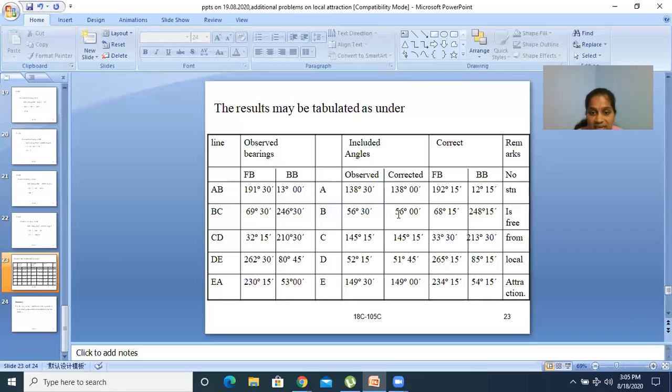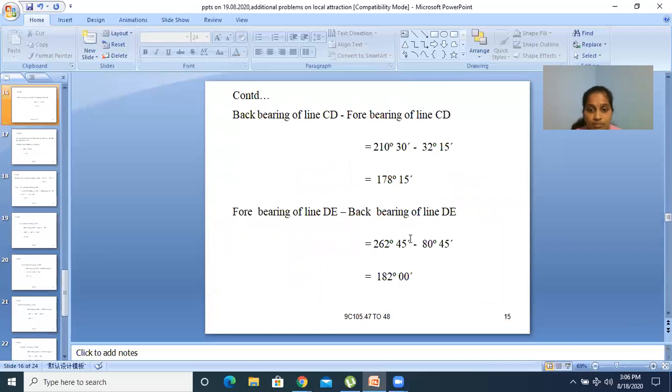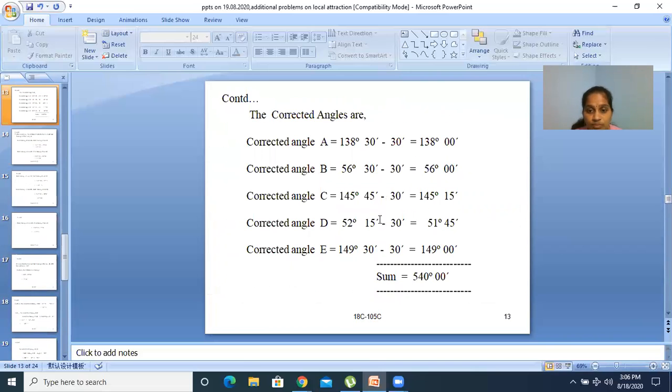So this is 138 degrees, this is 56 degrees, this is 145 degrees, 45 minutes.